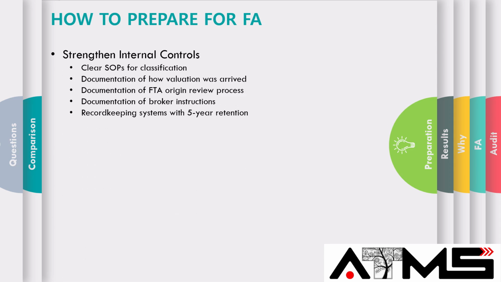In order to do that, strengthening internal control is very important. Examples include an HTS classification manual, documented valuation procedures, written procedures for FTA and origin verification, broker instruction manuals, and a robust 5-year record-keeping system.